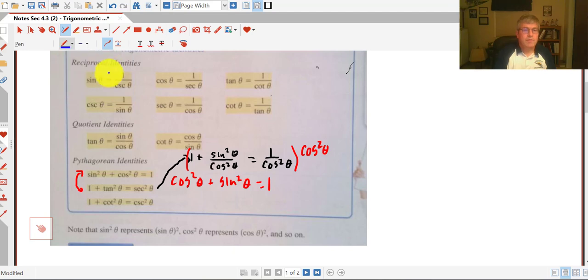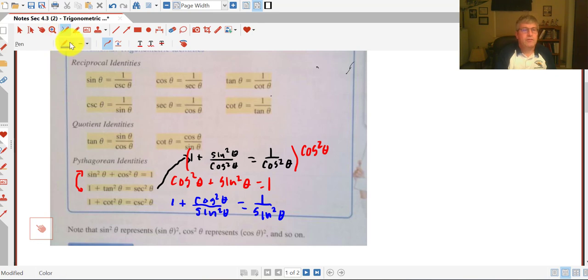And we can do the same thing with the third Pythagorean identity, 1 plus cotangent squared theta equals cosecant squared theta. Rewriting this, it can become 1 plus cosine squared theta over sine squared theta, that's our cotangent squared, equals the cosecant squared theta, which is the same as 1 over sine squared theta.